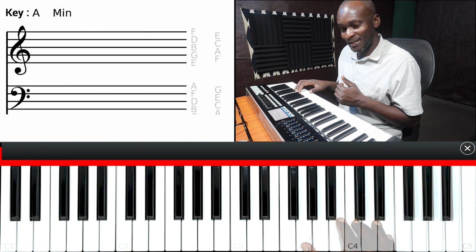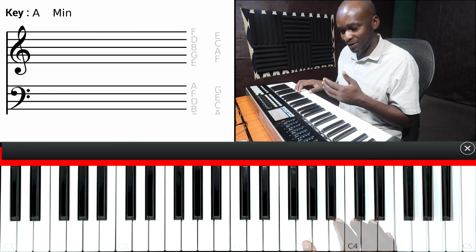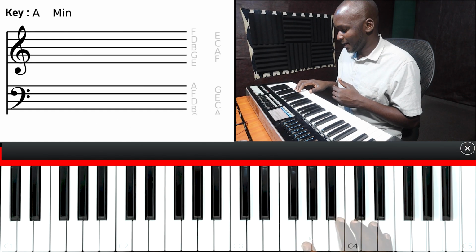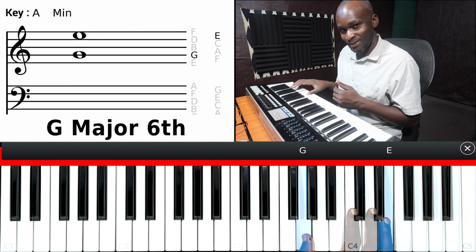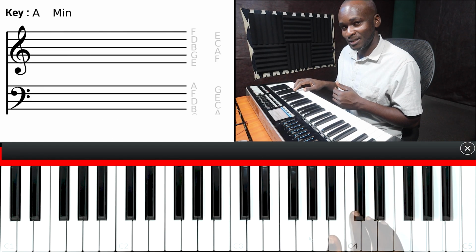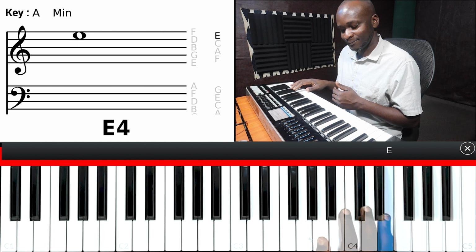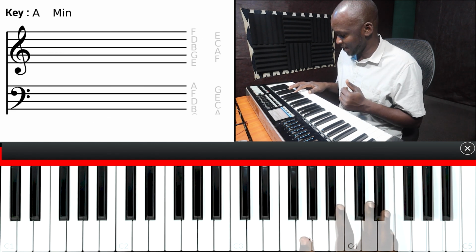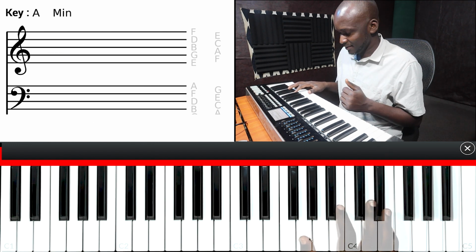And if you look at it in terms of inversion, I'm using the fingers 1, 3, 5 to hold the chord. And if you look at it in terms of intervals, we have a major sixth, which is 9 semitones: 0, 1, 2, 3, 4, 5, 6, 7, 8, 9. So I think that's a major sixth interval between the last and the first note.